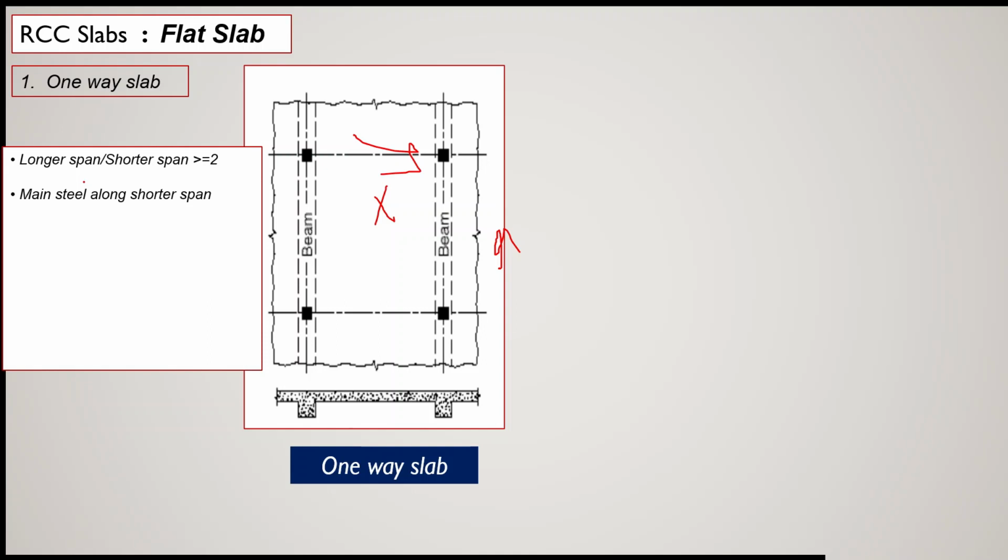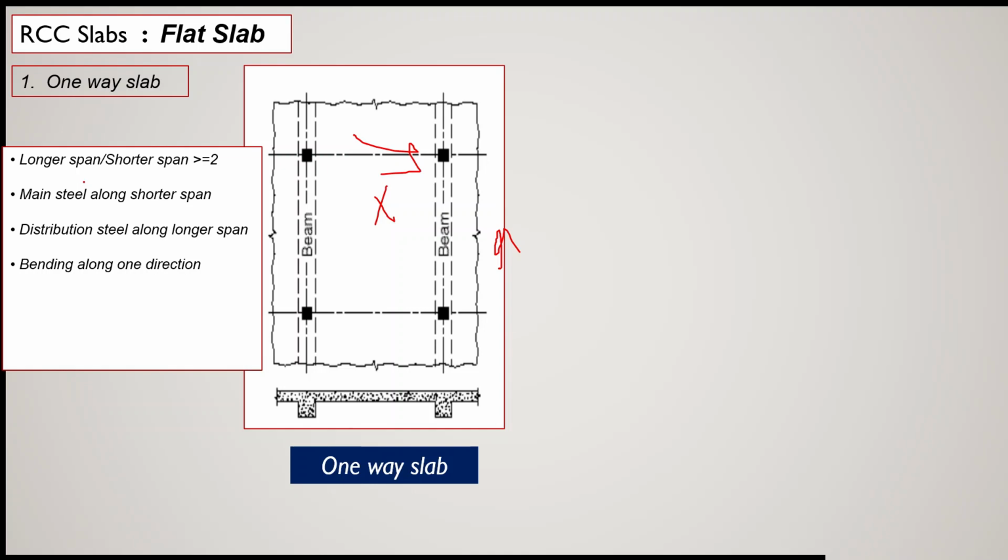Distribution steel, to take care of temperature stresses, shrinkage stresses, etc., is provided along the longer span. So one thing is very clear here: in a one-way slab, main steel is along the shorter span, and main steel is only in one direction.